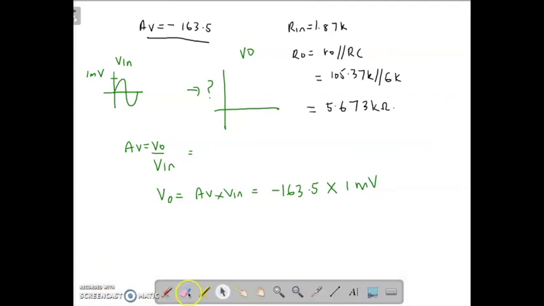Okay, if I change it to take 1 volt, so your V in here is 1 volt. So how much is your output? Minus 163.5. Since it is negative, your output is inverted and amplified. So what is the peak voltage here? It is minus 163.5. So that's how we derive the voltage gain.